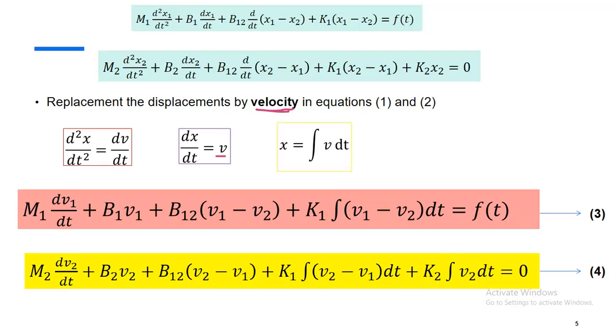We are going to replace these terms in equations 1 and 2, and we will get equations 3 and 4. For example, M1 d square x1 by dt square means it is dv1 by dt. Likewise, we are replacing all the elements. K2 x2 is K2 integral v2 dt, which is equal to 0. In this step, we are replacing the displacements in terms of the velocity.